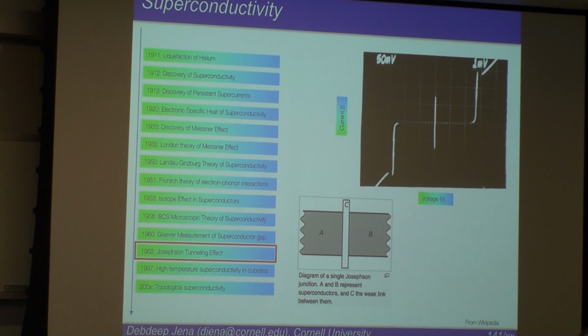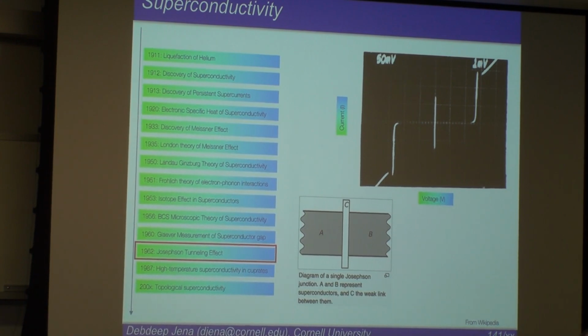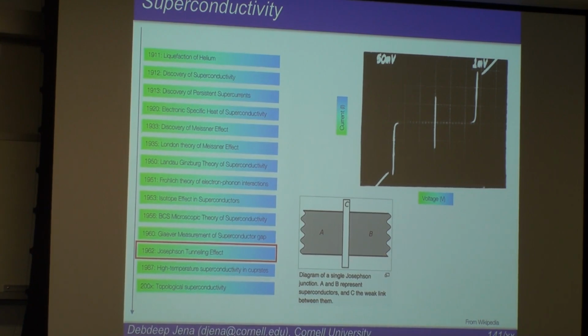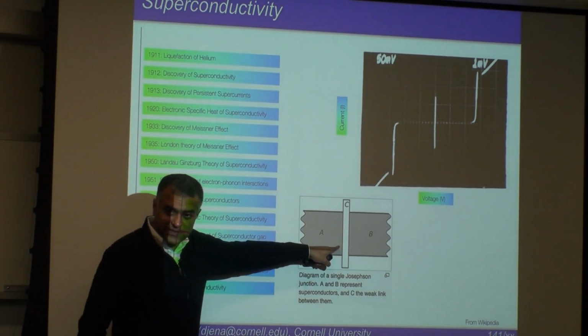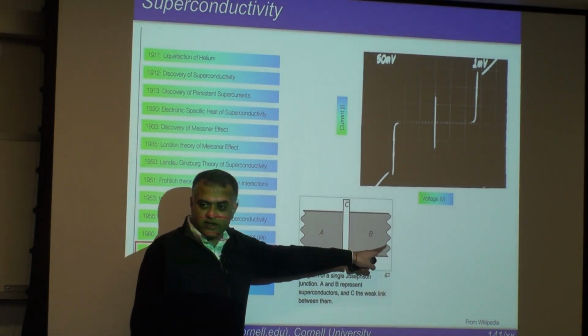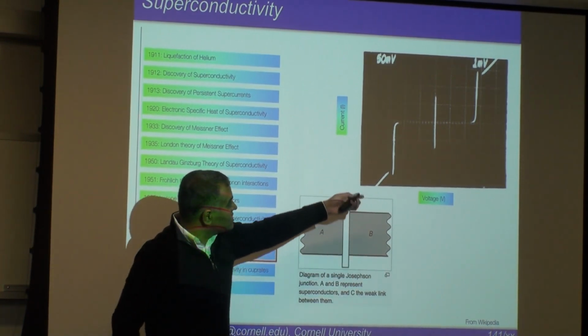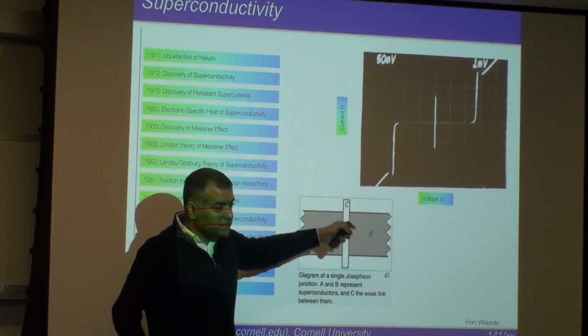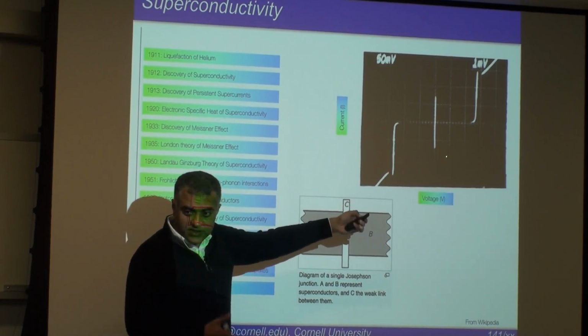You said that the pairs in sections A and B are different? Let's assume for now it's the same. They can be different. They can be two different superconductors as long as they're superconducting. But if it's a normal metal and superconductor, then we're back to Giaever stuff, where you don't see this. But if both are superconducting and you do the experiment carefully, you would see this.